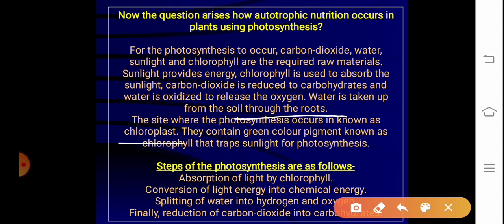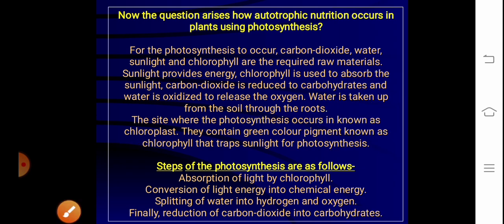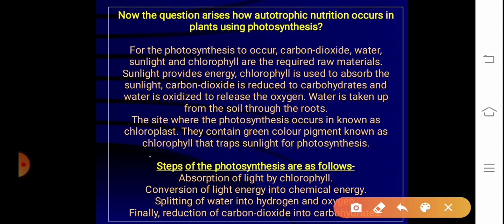It is in the leaves, right? The leaves contain the chloroplast, and inside the chloroplast there is a pigment called chlorophyll, and this chlorophyll traps the sunlight and helps to perform the process of photosynthesis. Clear?